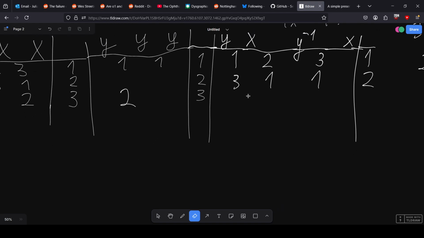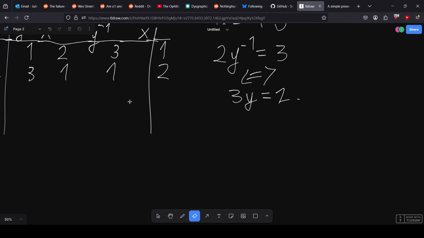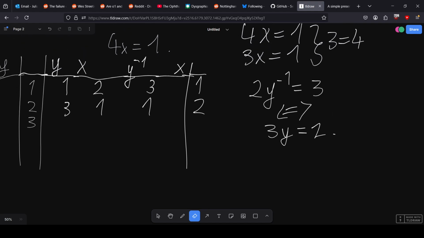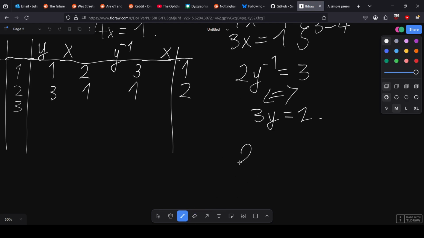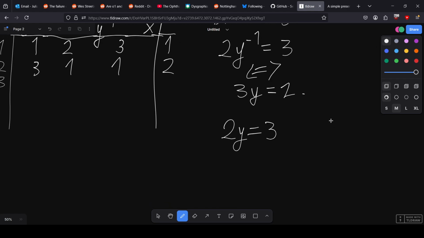Now, notice that we also have, from earlier, if I am seeing this correctly, that 2y has to be equal to 3. But also 3y has to be equal to 2.